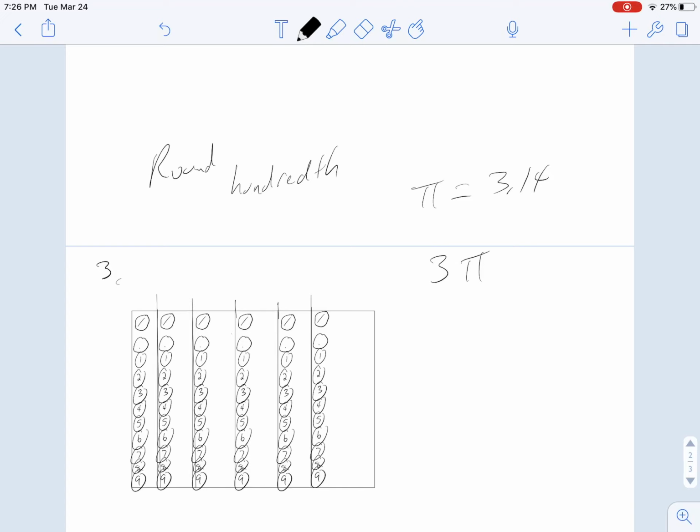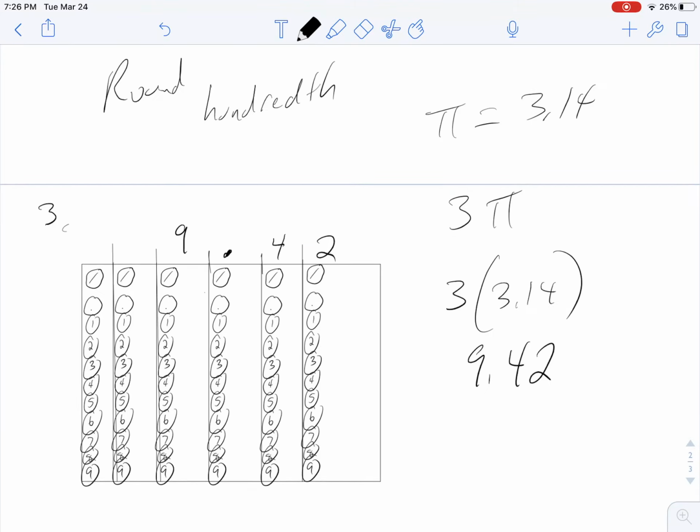Let's say you get the answer to be 3 pi. Remember what I just said: you're going to use 3 times 3.14, and bubble that in because you don't have a spot for pi. So the answer is actually 9.42. In this case, you're going to use 4 spots: 9 goes first, then the decimal point, and then 4, 2.